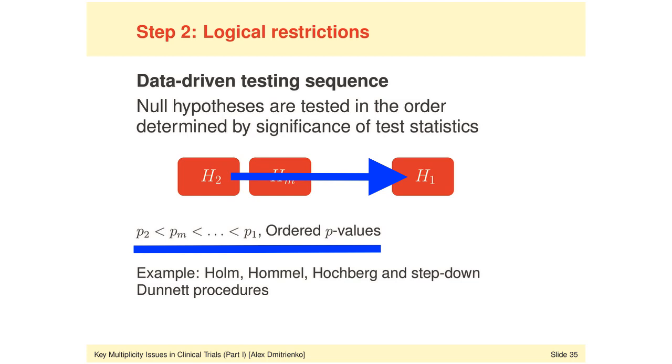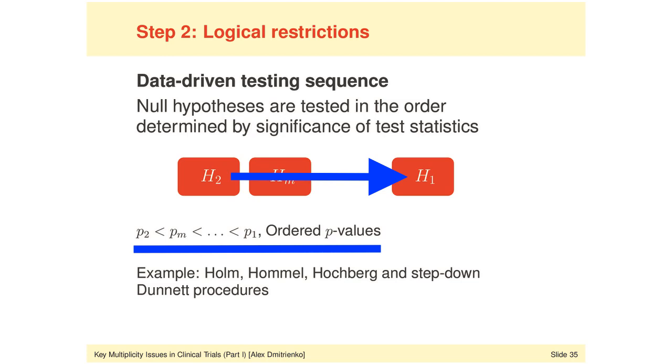With a data-driven testing sequence, the null hypotheses, as we said a second ago, in a general multiplicity problem are tested sequentially, but the hypothesis ordering or testing sequence is determined only after we unblind the data and compute the hypothesis test statistics. This is why we call it a data-driven hypothesis ordering.